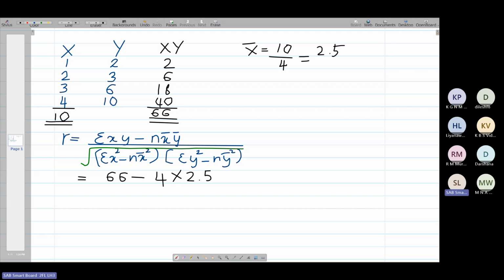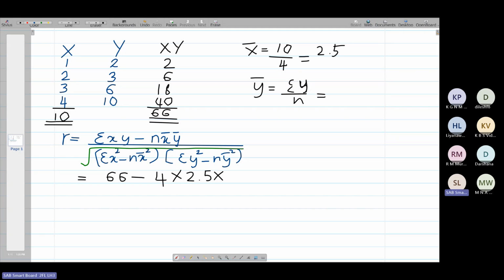Understood? The next one is y bar. It means the average value of y. Y bar means mean value. Then we calculate y bar: sigma y divided by n.